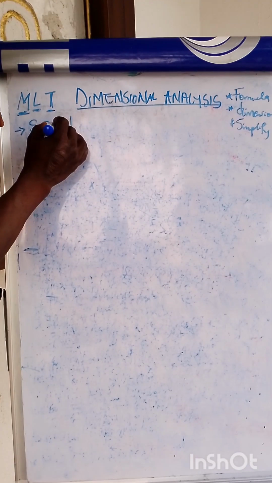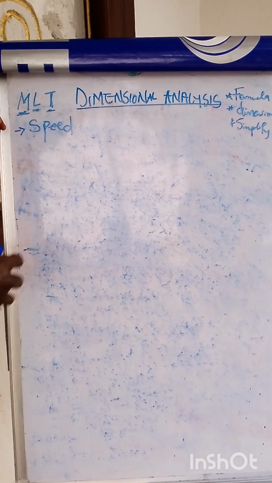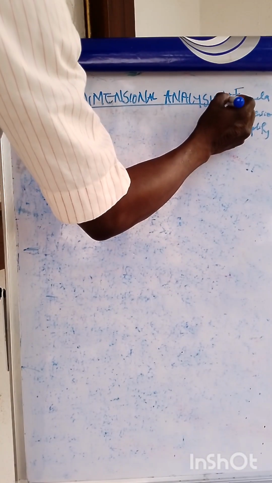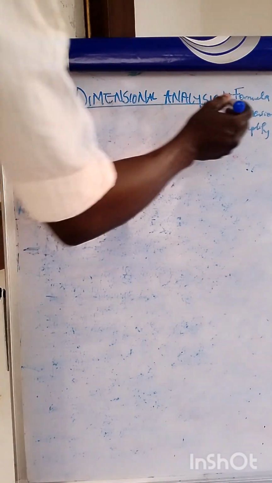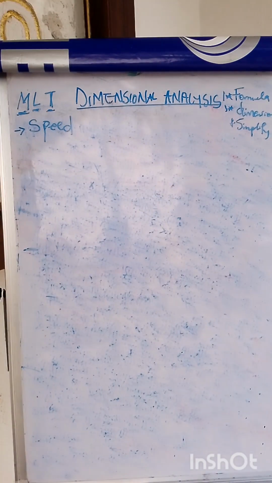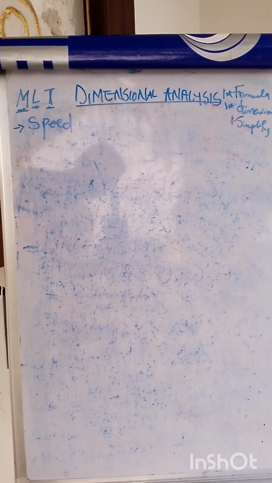You can tell me the formula, because I told you that for anything you want to look for, you need to know the formula first. Then after that, you assign dimensions for it. Then the third, you simplify.